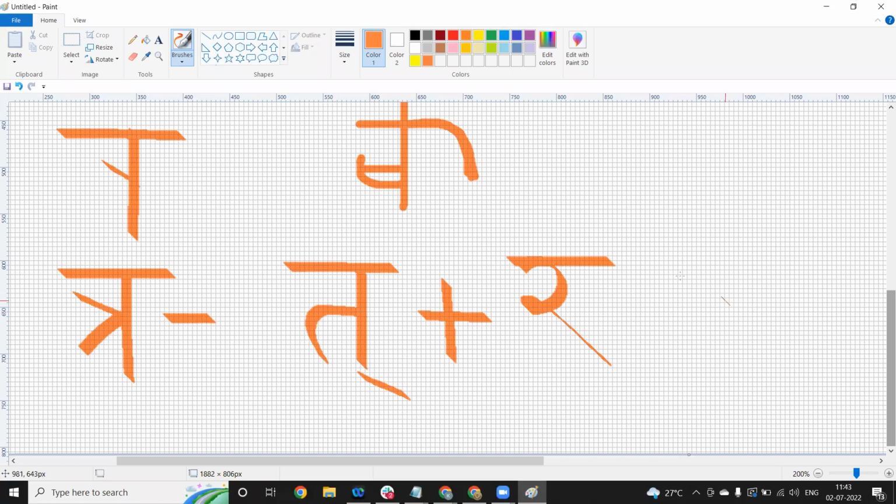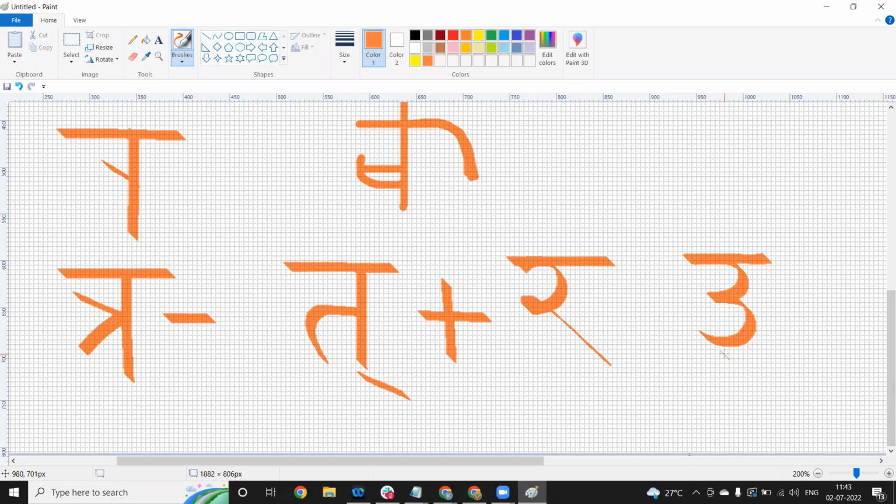First I'll show only how to write it, then I'll explain it in Sharada lipi also. So the basic shape of ta will remain the same here. This is the Shirorekha. And then how we draw ta, that basic shape will remain the same. This is ta.